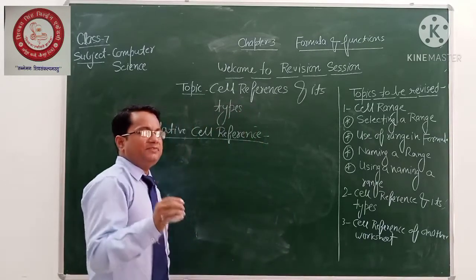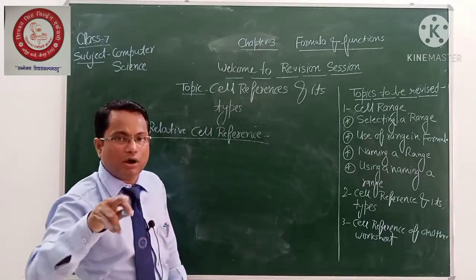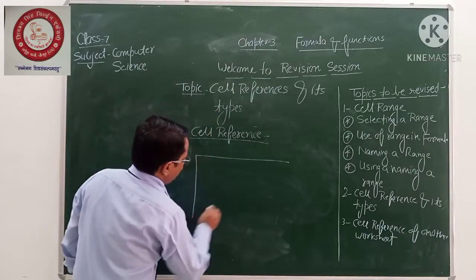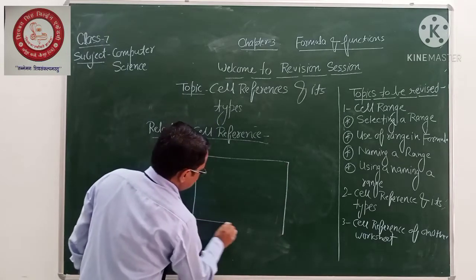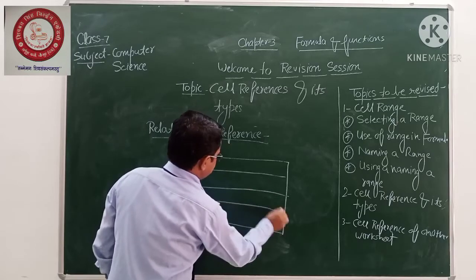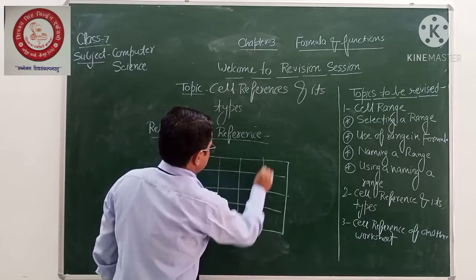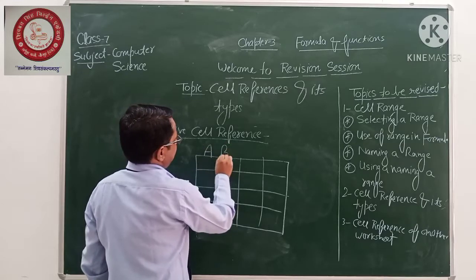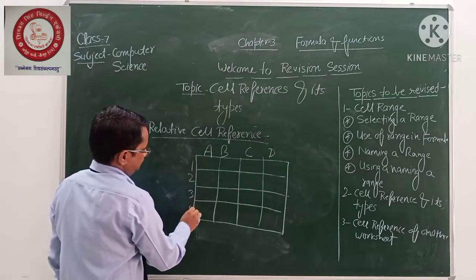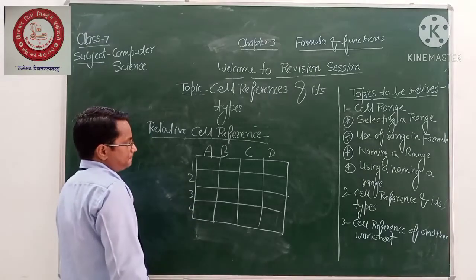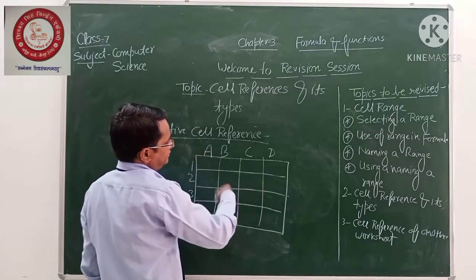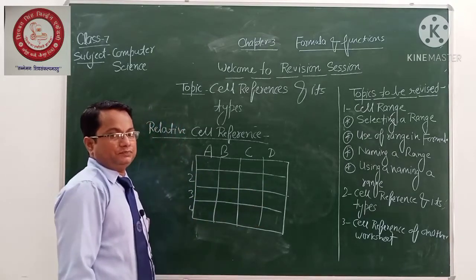For this, let me make one Excel sheet here, with columns A, B, C, D and rows 1, 2, 3, 4. The addresses here are A1, A2, A3, A4. Like that, each cell has a particular address.